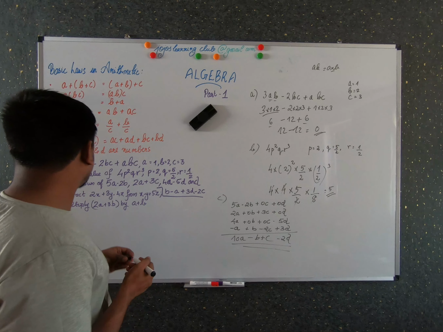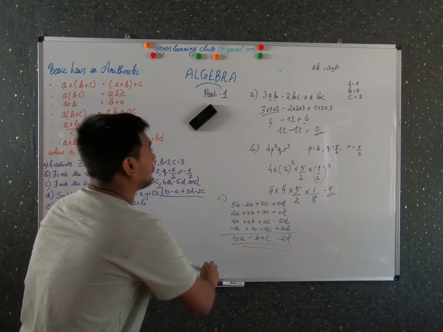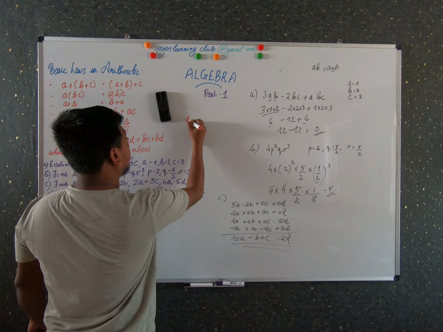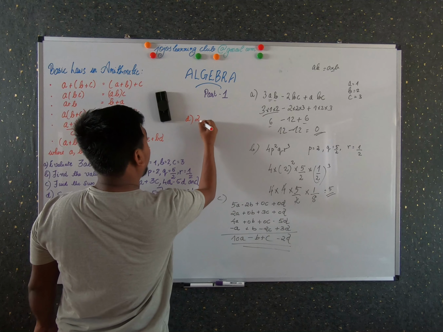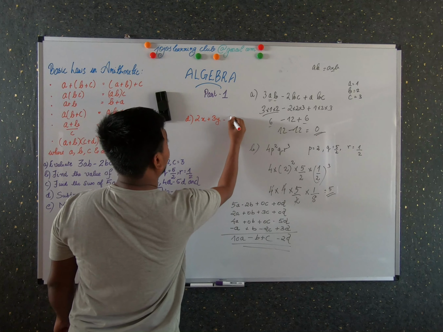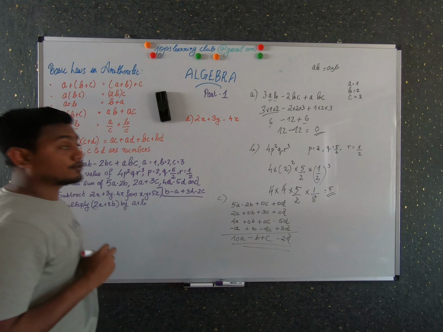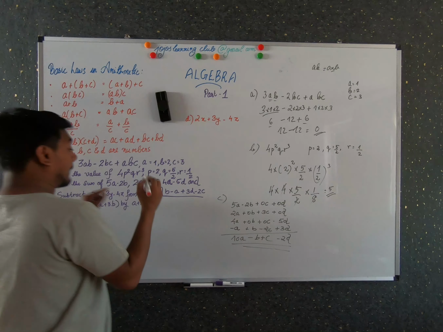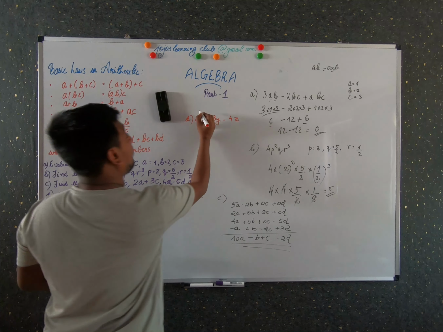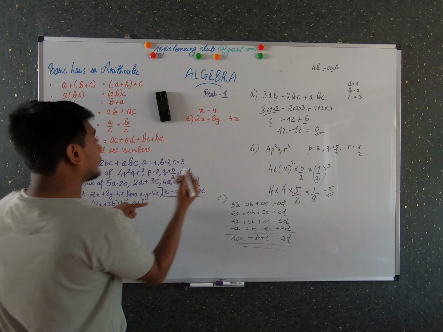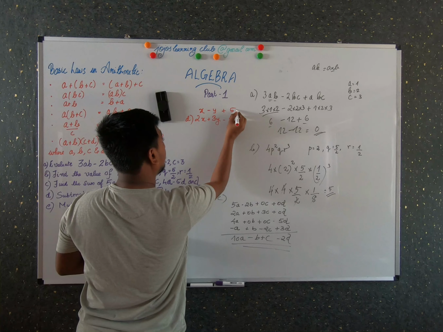And now let's do a subtraction problem. So again for subtraction D, the problem is 2x plus 3y minus 4z. You have to subtract it from x minus y plus 5z.